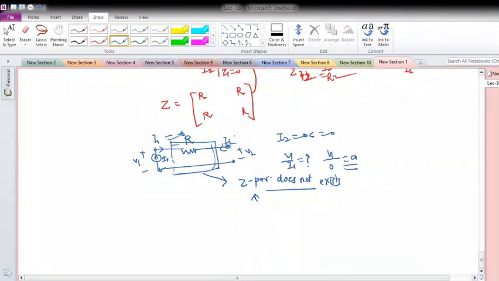It means that the determinant of A may be equal to 0. Let us prove it, as we have already seen. Let me write the algebraic equations. I1 plus I2 is equal to 0, this is one equation.